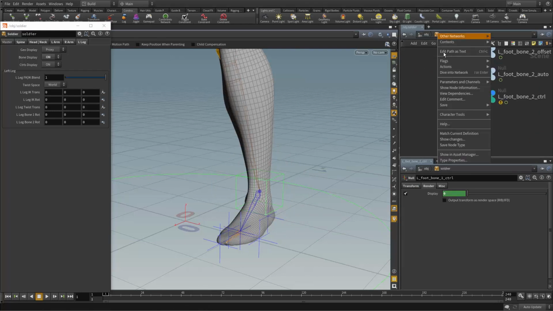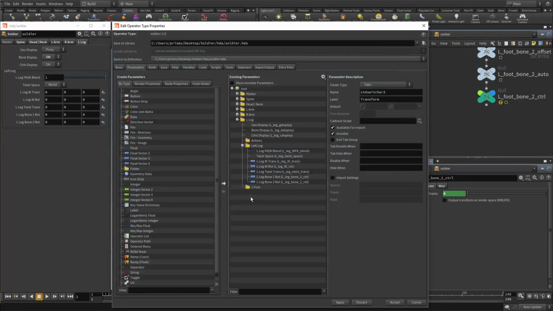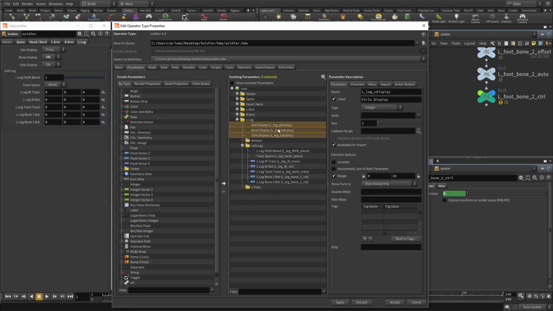So go in our type properties, go down to our left leg, and inside our left foot folder, we're going to copy these 3. You could use these 3 to also drive the foot if you wanted. I'm going to create them separately. So just quickly rename these foot.